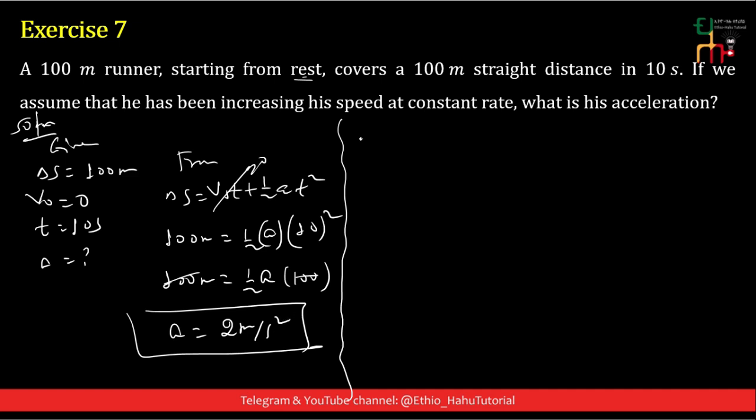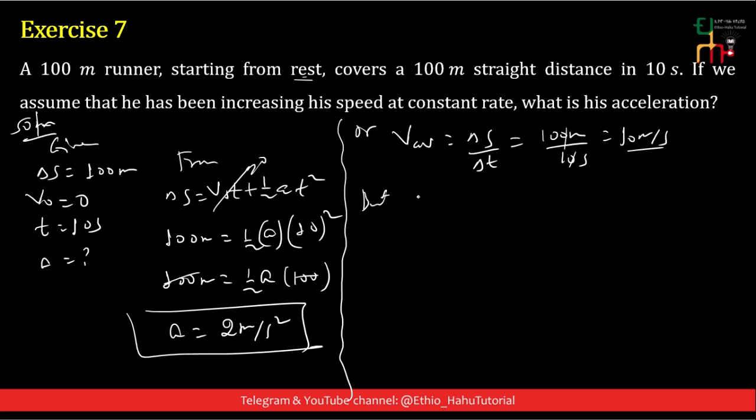We can do this in a different way, since we have given displacement, initial velocity, and time. V average, by definition, is the time rate of change of displacement or distance, equal to delta S, 100 meter, divided by delta T, 10 second. We have 10 meter per second.